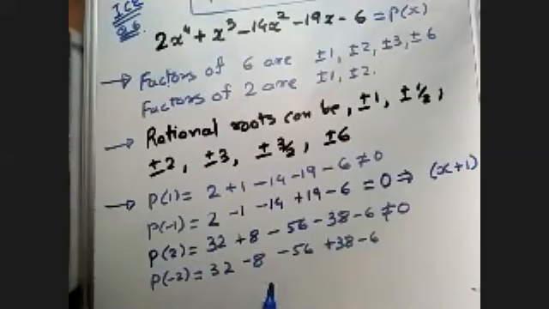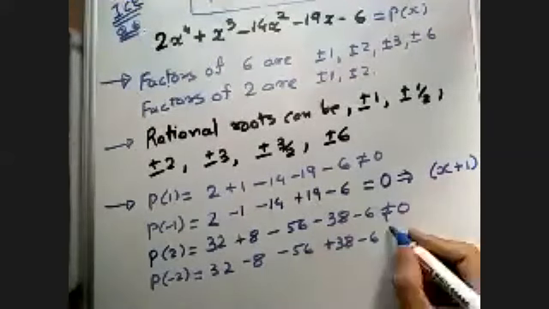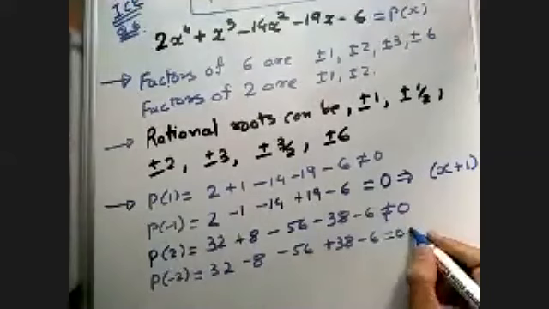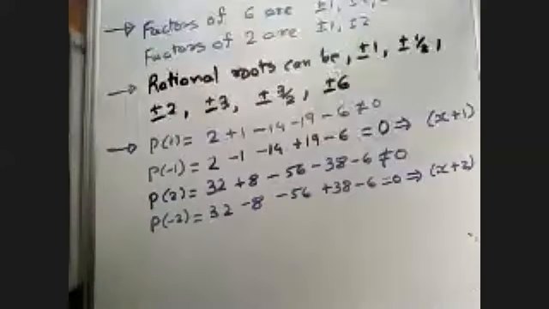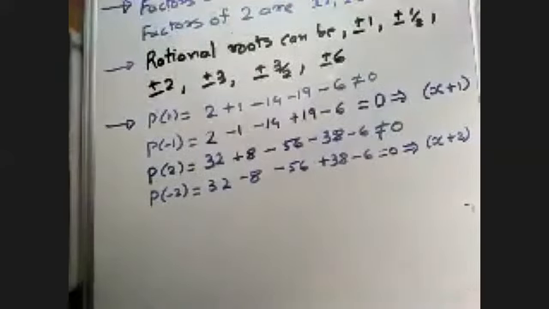And here 8 and 6 is 14. 14 and 56 also 70. It is also equal to 0. So x plus 2 is also a factor of this. So here x plus 1 is a factor of p of x, and x plus 2 is a factor of p of x.